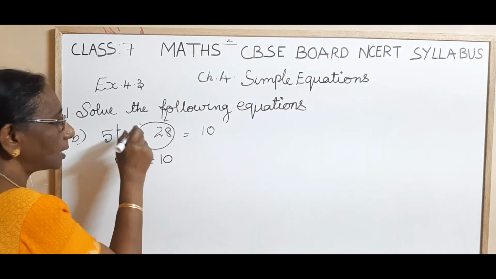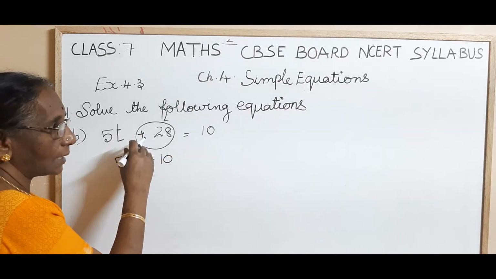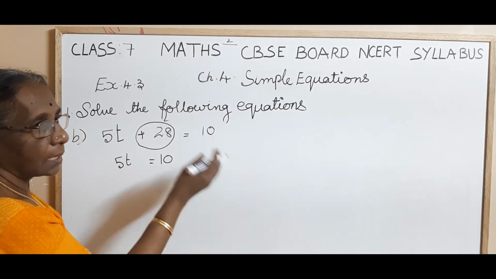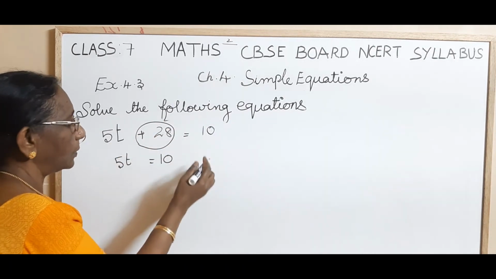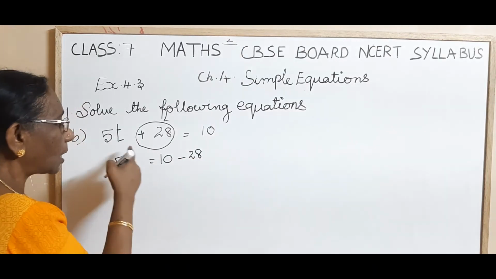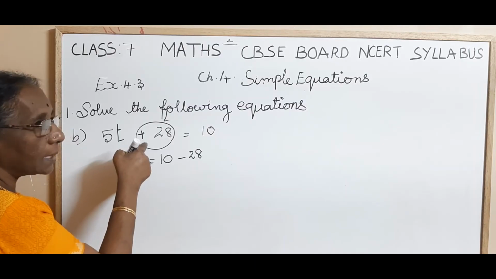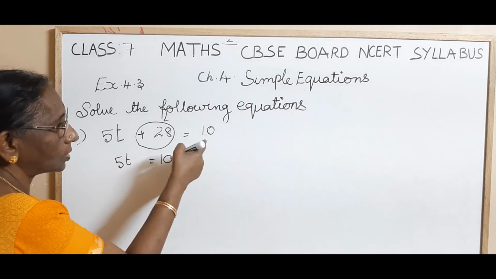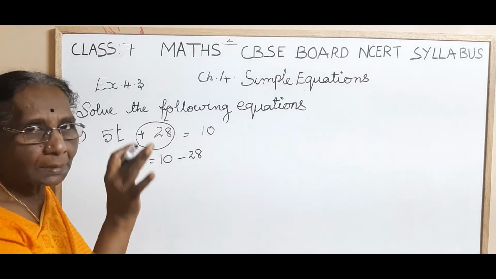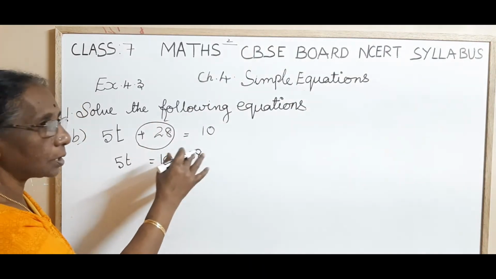When you are transposing plus 28 from LHS to RHS, this addition will become subtraction. In other words, this plus 28 will become minus 28. How? Because we have to apply the subtraction operation on both sides to eliminate this 28. The meaning is the same, but we are doing it in a short step.